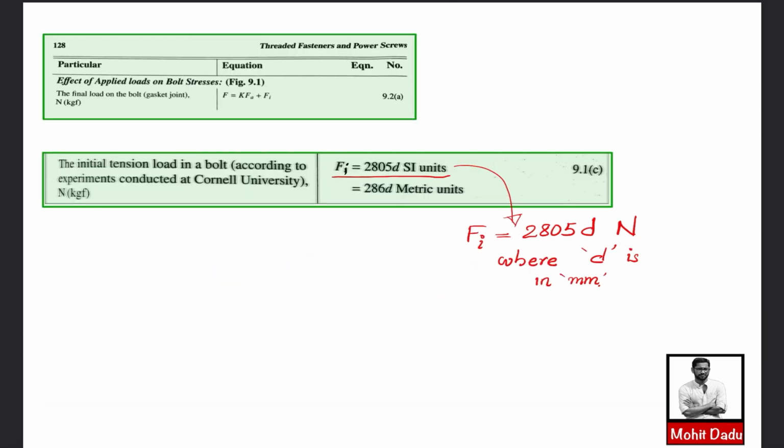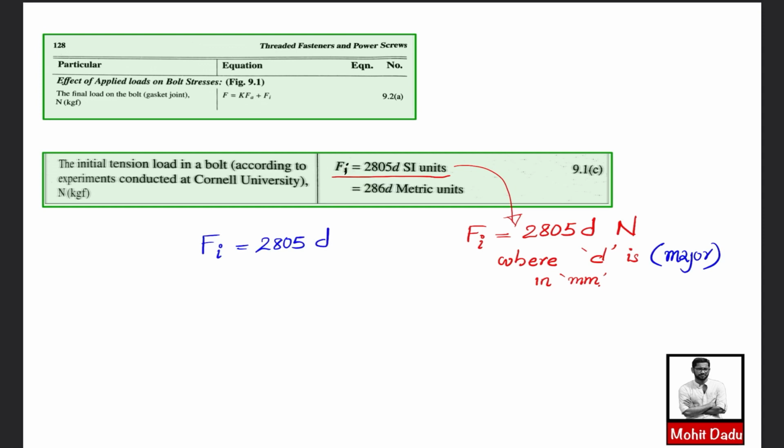Here in this equation, Fi is the initial tightening load, and you can use expression 9.1c in the data book, which we have seen in the last video: Fi equal to 2805d, where d is the major diameter of the bolt, and this is to be substituted in mm so that you get the force in Newton. Here we have to evaluate the diameter, so I will use d as a variable itself. So we will substitute 2805d as such, and we have to find the diameter d, and remember d is the major diameter.